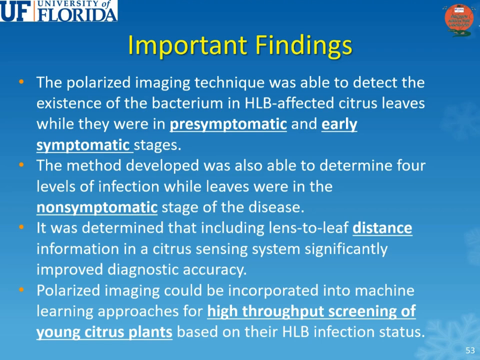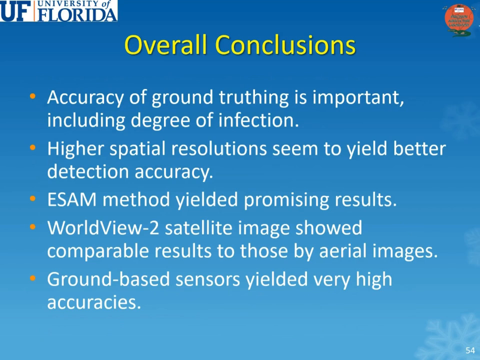But because we use polarized imaging, the distance between the camera and different leaves caused some problems. But this research showed a very good result, so we can use it for high throughput screening of young citrus plants.